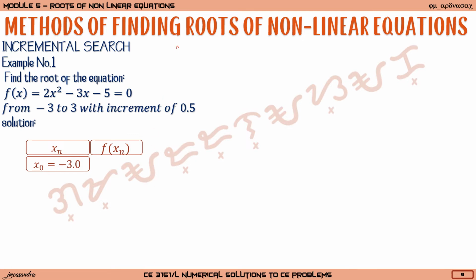So substituting, f of -3 is equal to 2 times (-3) squared minus 3 times (-3) minus 5, or f of -3 is equal to 18 plus 9 minus 5, which is equal to 22. Okay.